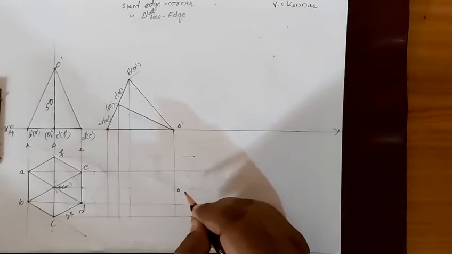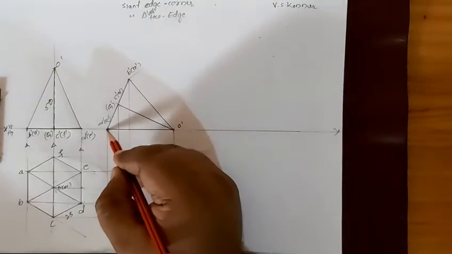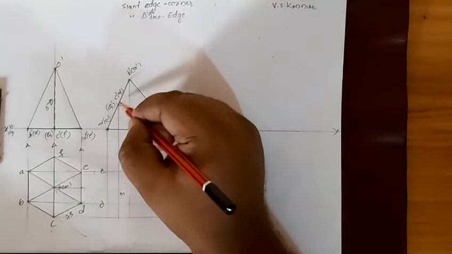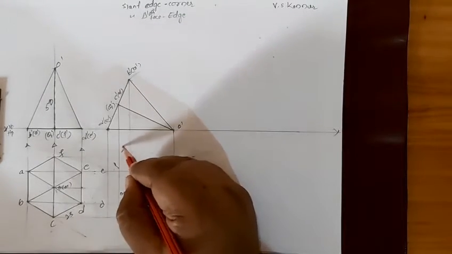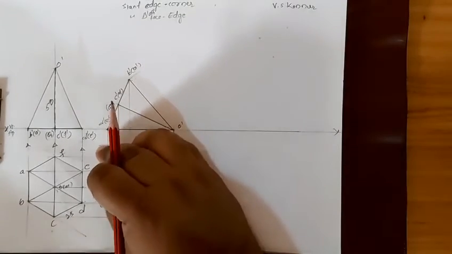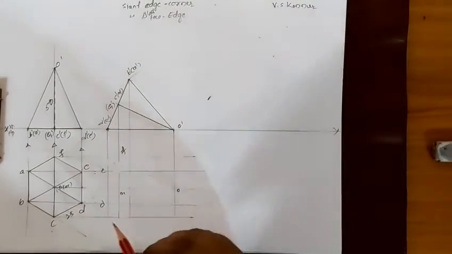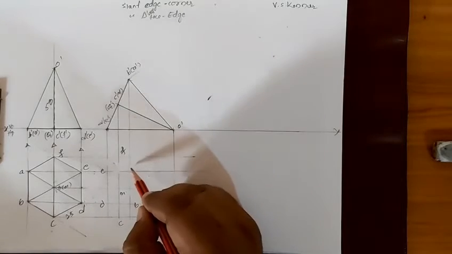Here we'll get the O point, and here we'll get the O1 point. D and E are here, so we'll get the E point here, D point here. C and F are here, we'll get the F point here. Then here we'll get the C point, and this point is B, this point is A.